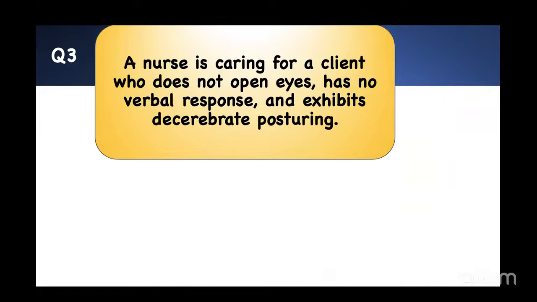Now, the next question, like I said, is a practice. Some will give you a scenario, some will give you the answers. Now, look at this. You have 20 seconds, read the question, then put down your answer, think about it. A nurse is caring for a client who does not open their eyes, no eye opening. Patient has no verbal response.